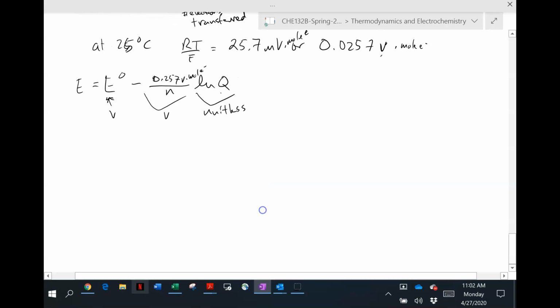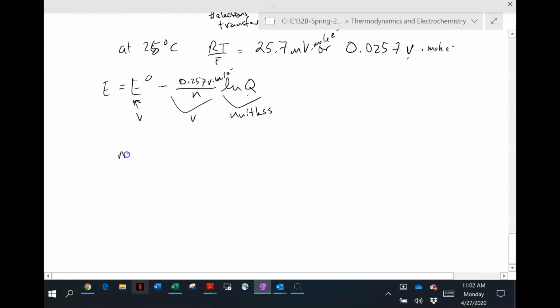All right, so n equals 2, E naught equals positive 0.456 volts. And again, that's for the reaction copper plus 2 silver ions goes to copper 2+ plus 2 silver solids, right?